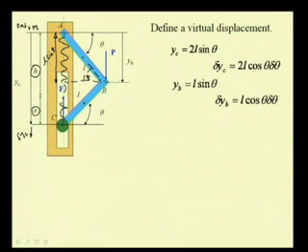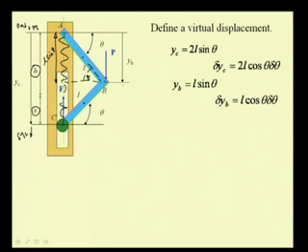Now, let us define this coordinate YB. So, we have YB is equal to L sin theta, this length times sin theta, which is this distance, and so if we differentiate it, we have delta YB is equal to L cos theta delta theta.